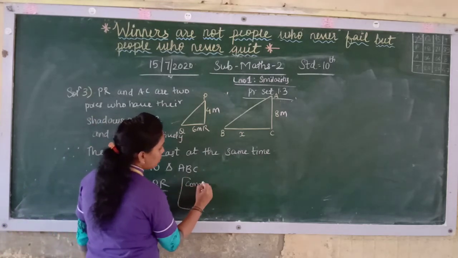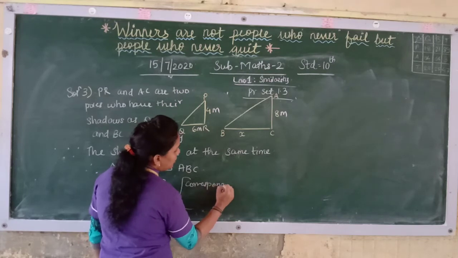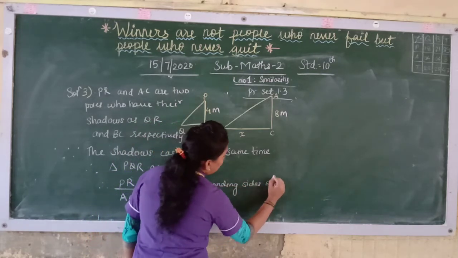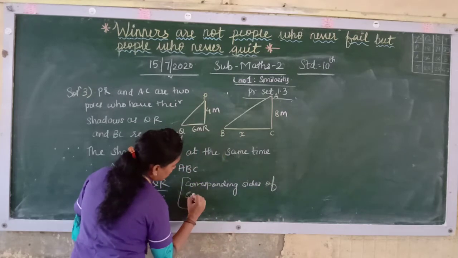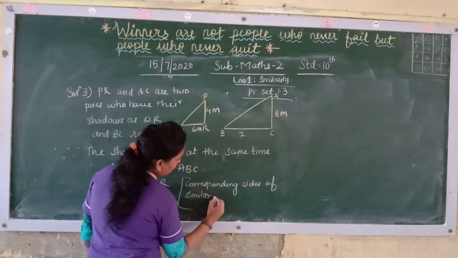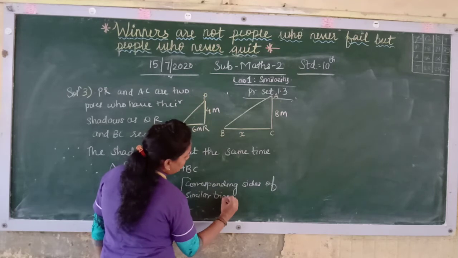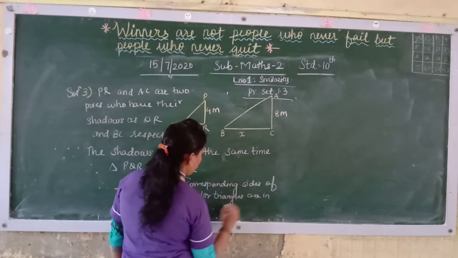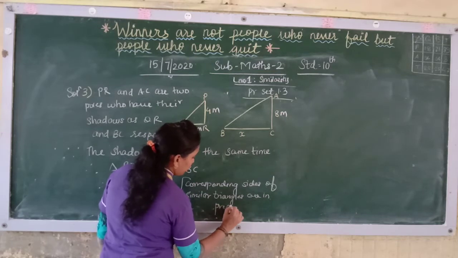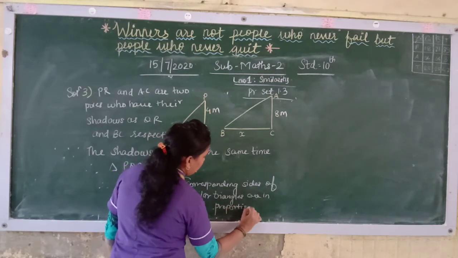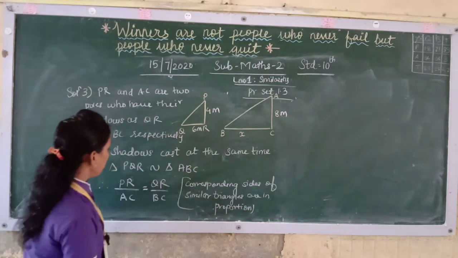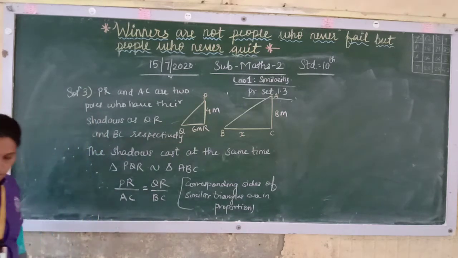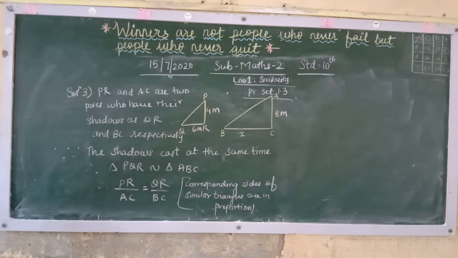Reason: corresponding sides of similar triangles are in proportion. Now you have to put in the values. They have given the values. So what will you get over here?